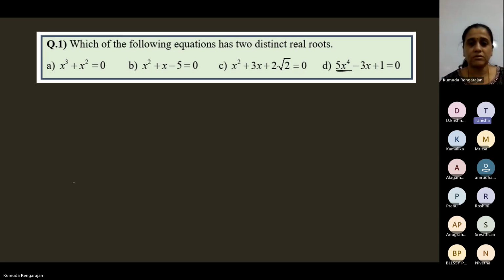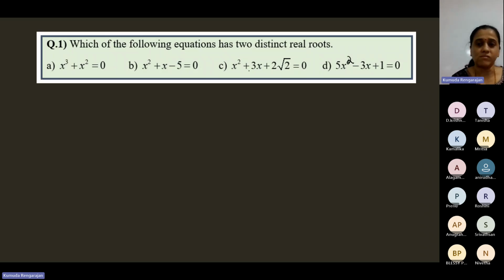Okay. It's 4? Tanishka, 4 or 2? It's 2. Yeah, it's 2.